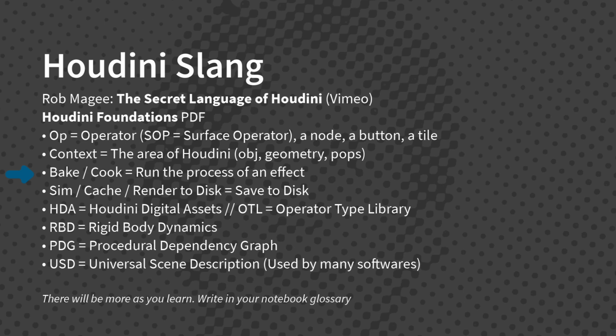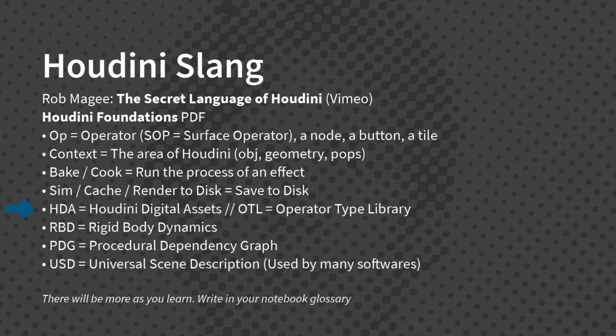Because we build these giant networks, they typically go from top to bottom, and it has to go through that whole operation, and that's called cooking. If you save it to disk, it's called baking, like the line below, sim cache, render to disk, save to disk. So first you cook and then you bake, and I guess that makes sense if you're a baker.